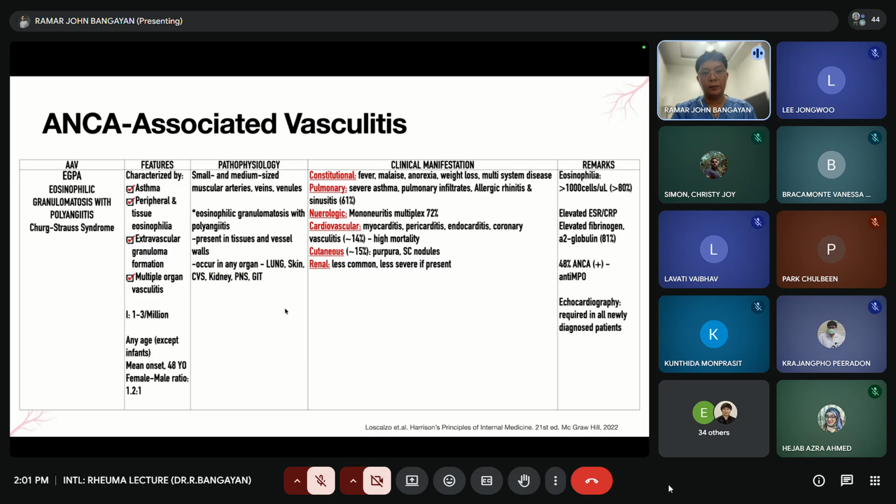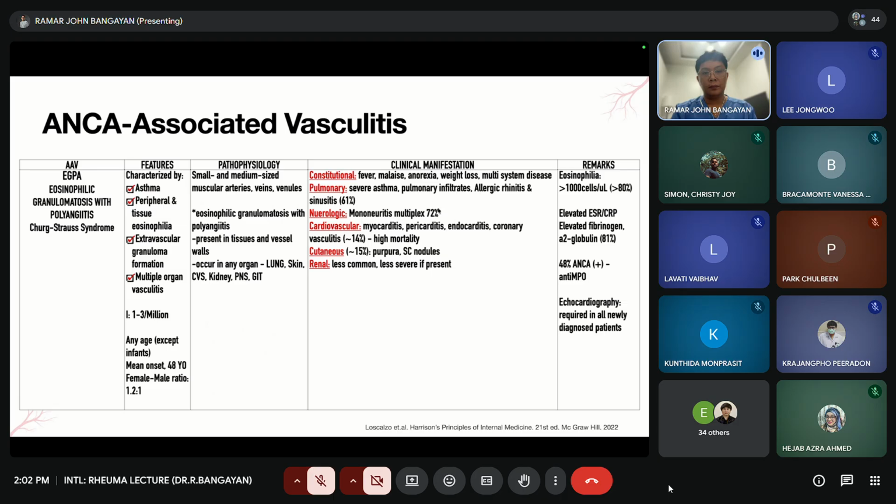As you can see in GPA and MPA. But the thing is, it is the eosinophils that are predominant. All right? So what you have to remember is that there is commonly involvement of your lungs. Okay, lungs because of asthma. And then mononeuritis multiplex is the most common presentation.